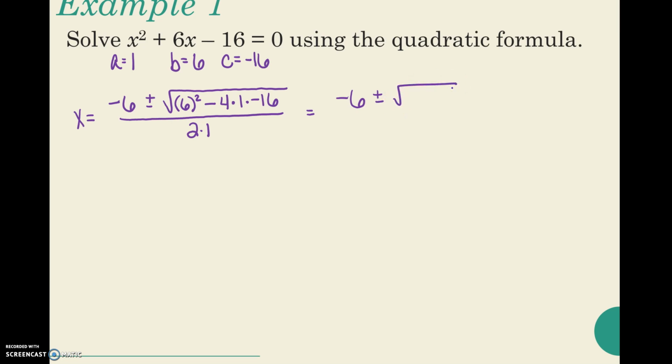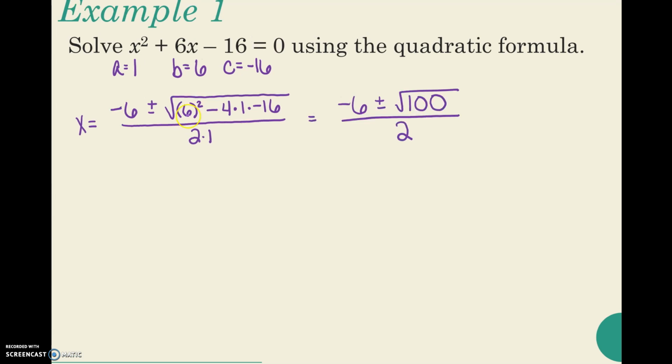I start underneath the radical. So in my calculator, I would type in 6 squared minus 4 times 1 times negative 16. Or you could do 6 squared in your head and type in 36 minus 4 times 1 times negative 16. But take a moment, punch that in your calculator.